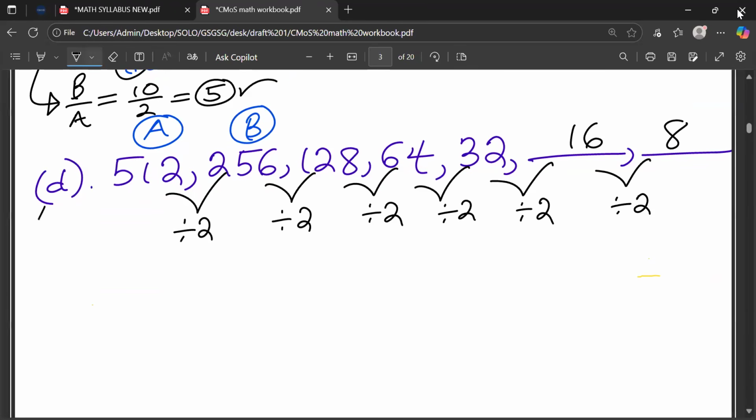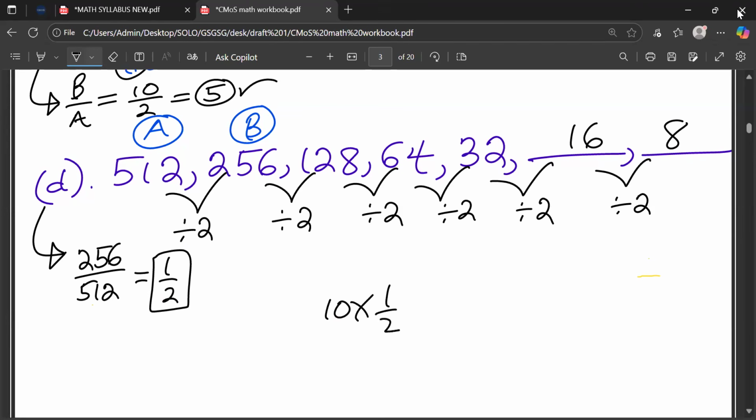Even for this D, at least someone first gives it a try and they do this. Then they get a half. After getting a half, everyone knows, every mathematician is aware that 10 times a half is the same as 10 divided by 2.